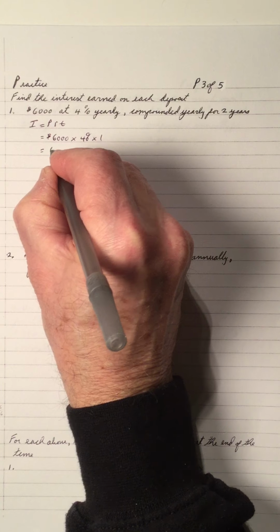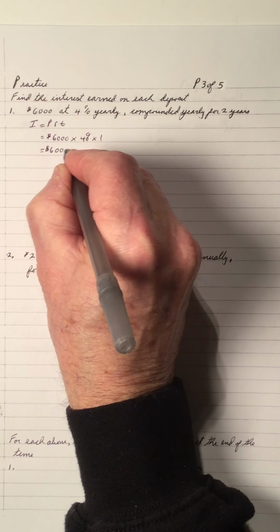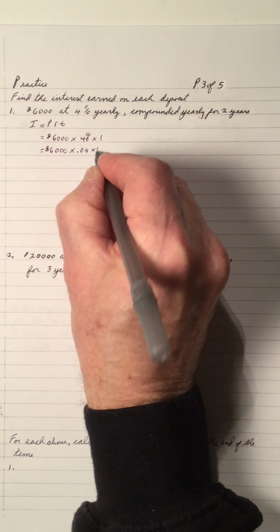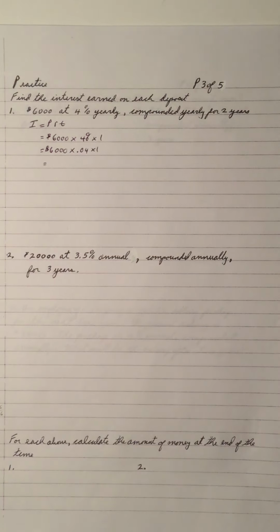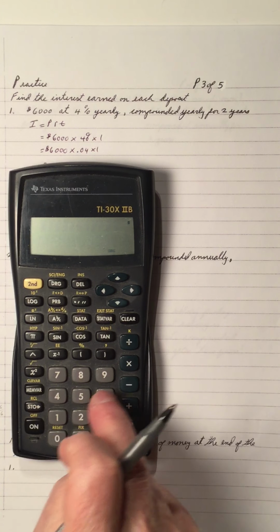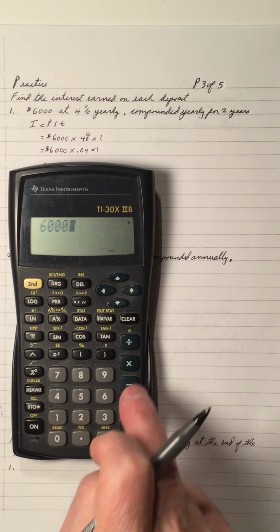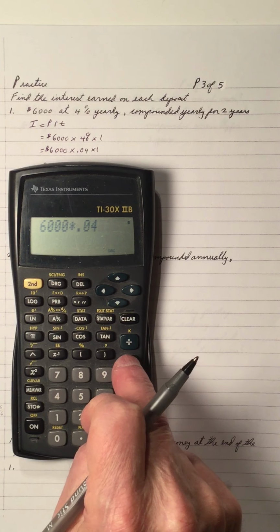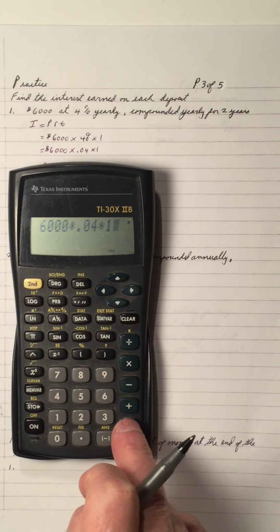So that's $6,000 times decimal 0.04 times 1. And we put our calculator here, and we clear it. We go $6,000 times decimal 0.04, and if you want, times it by 1, but it's not going to make any difference.